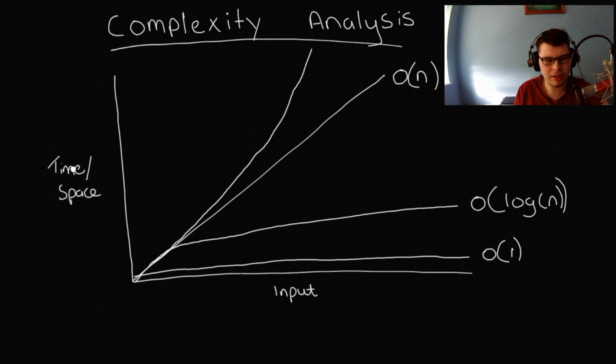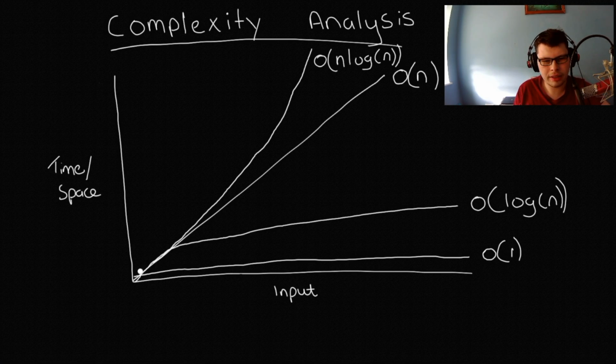Time and space should be on this axis while input should be on this axis. So if we go and look at this, this would be big O of n log n. And it's important to not get this confused with the previous one that we talked about, which was log n. So log n is much better than n log n.